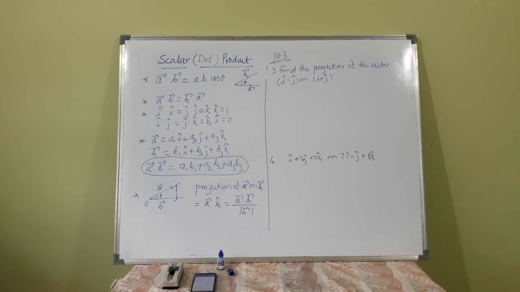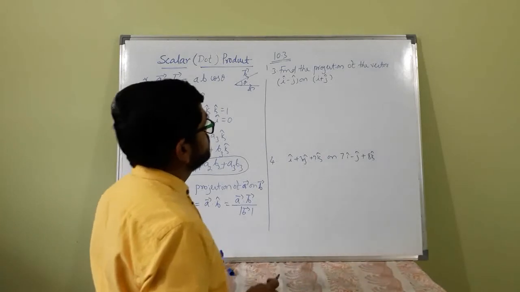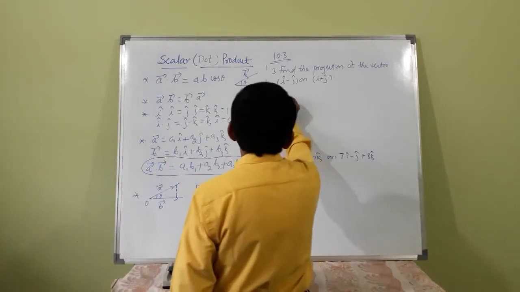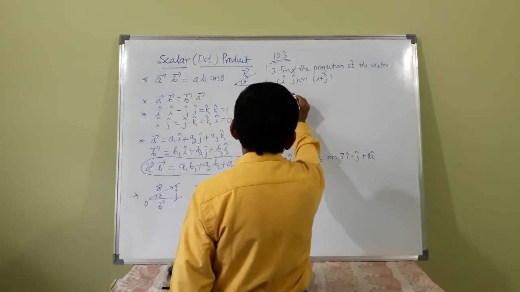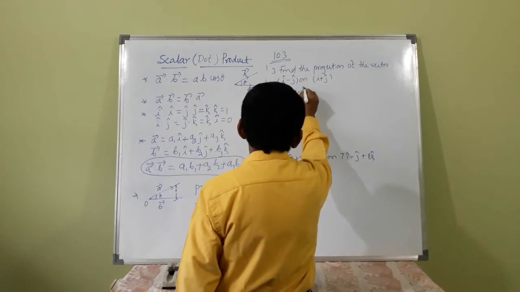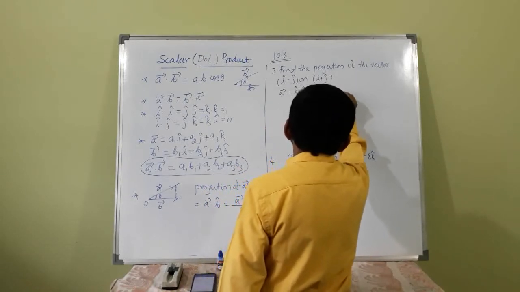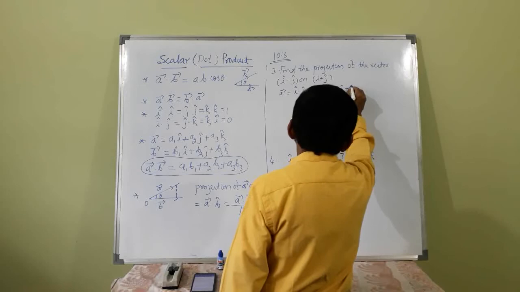Find the projection of the vector i minus j on i plus j. Suppose A is i minus j and B is i plus j.